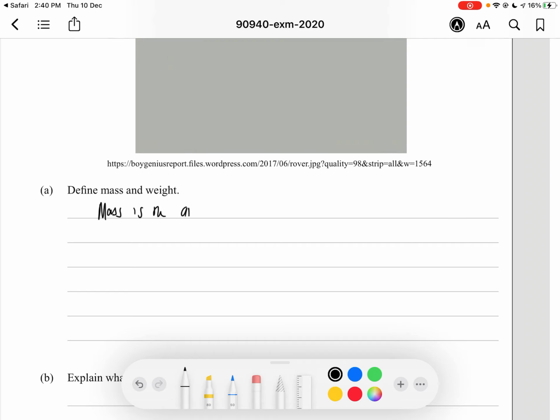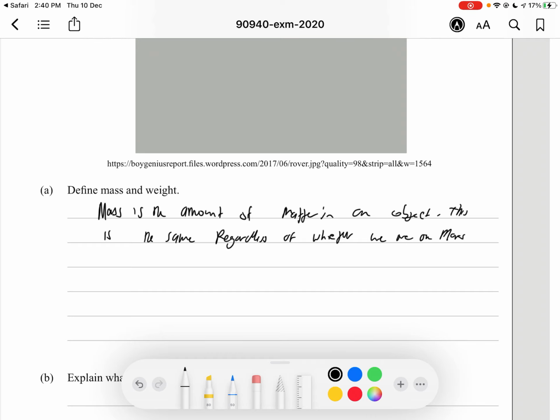So, we can say that mass is the amount of matter in an object. This usually stays roughly the same regardless of whether we are on Mars or on Earth.